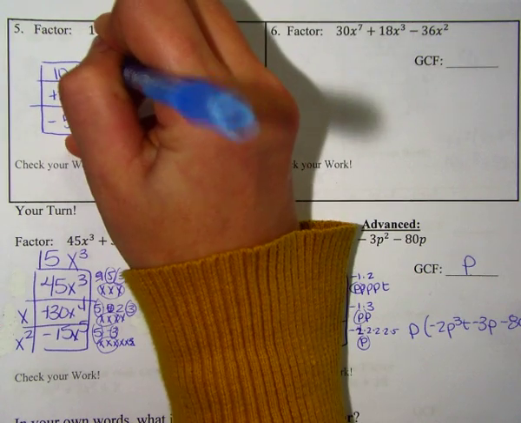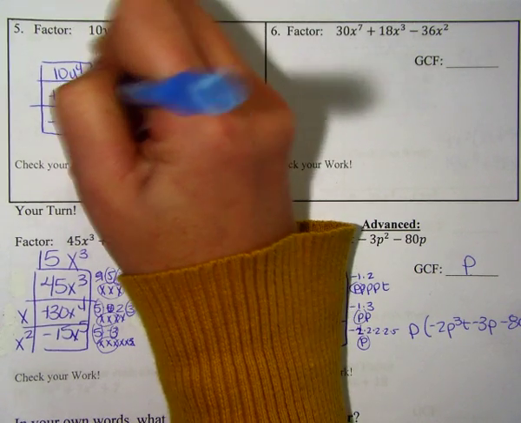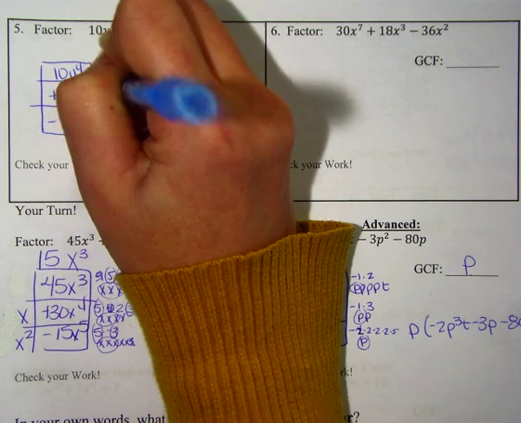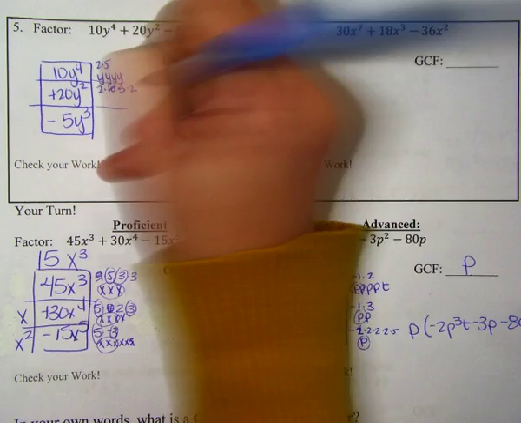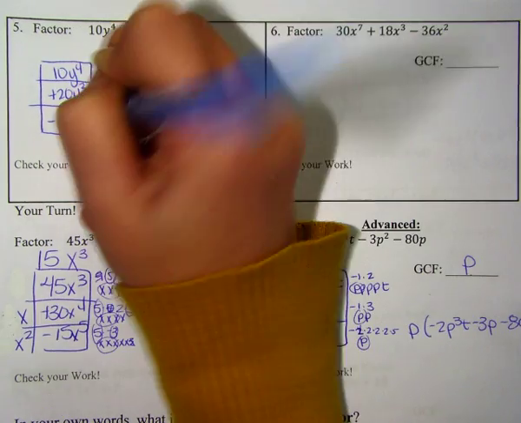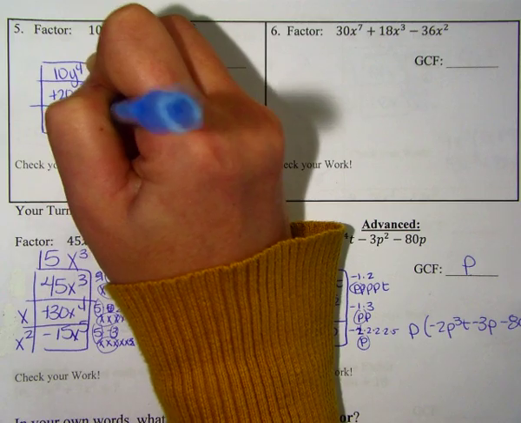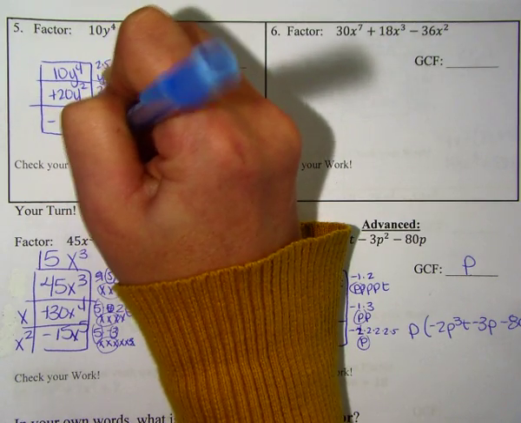So 10 is 2 times 5, and then y to the 4th. 20 is 2 times 10. If I wanted to, I can break that down into 5 times 2, y squared. And then negative 5 is negative 1 times 5, and then y to the 3rd.